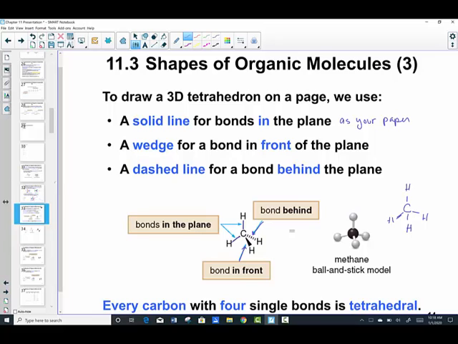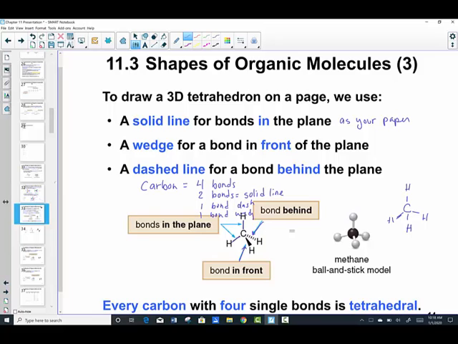Notice that the carbon, which has 4 bonds, is going to be in the plane of the paper. 2 bonds will always be a solid line, and they'll always lie in the same plane as the carbon. 1 will be a dash, and 1 will be a wedge.